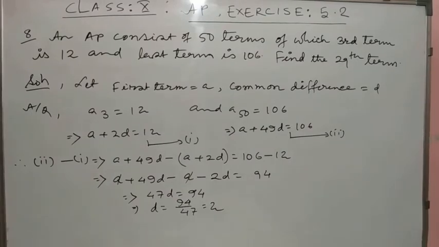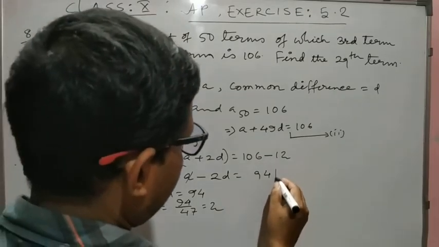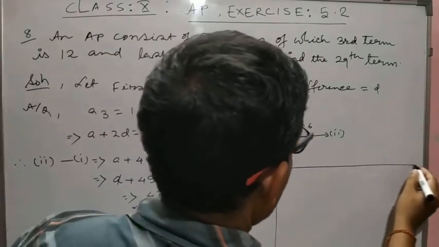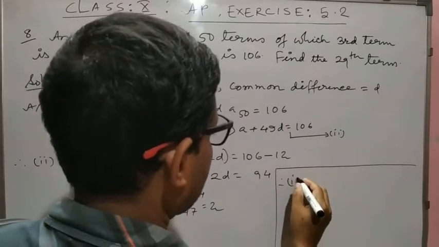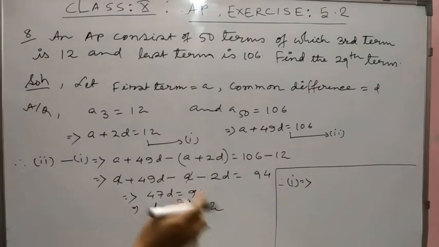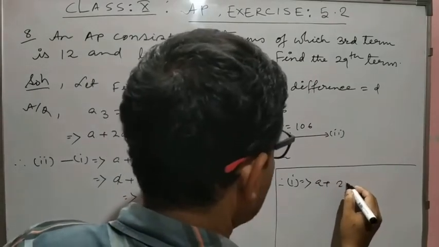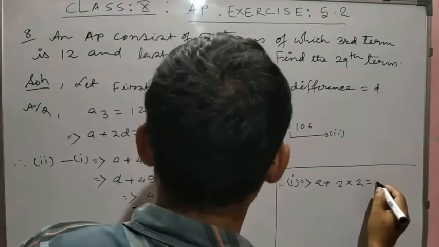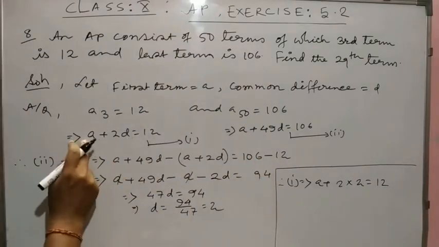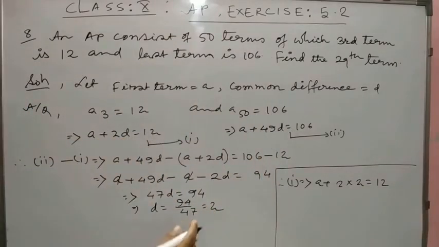Now putting the value of D in either 1 or 2, we get A. Let us do this side. Therefore, 1 implies that putting the value of D in 1, A plus 2 into 2 equals 12.